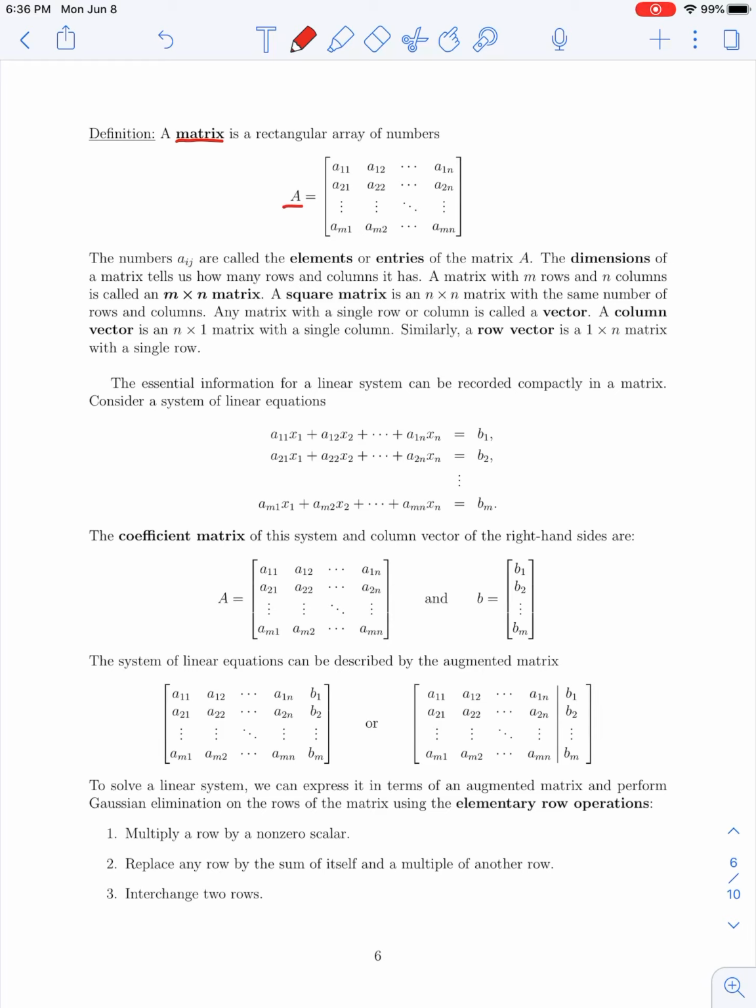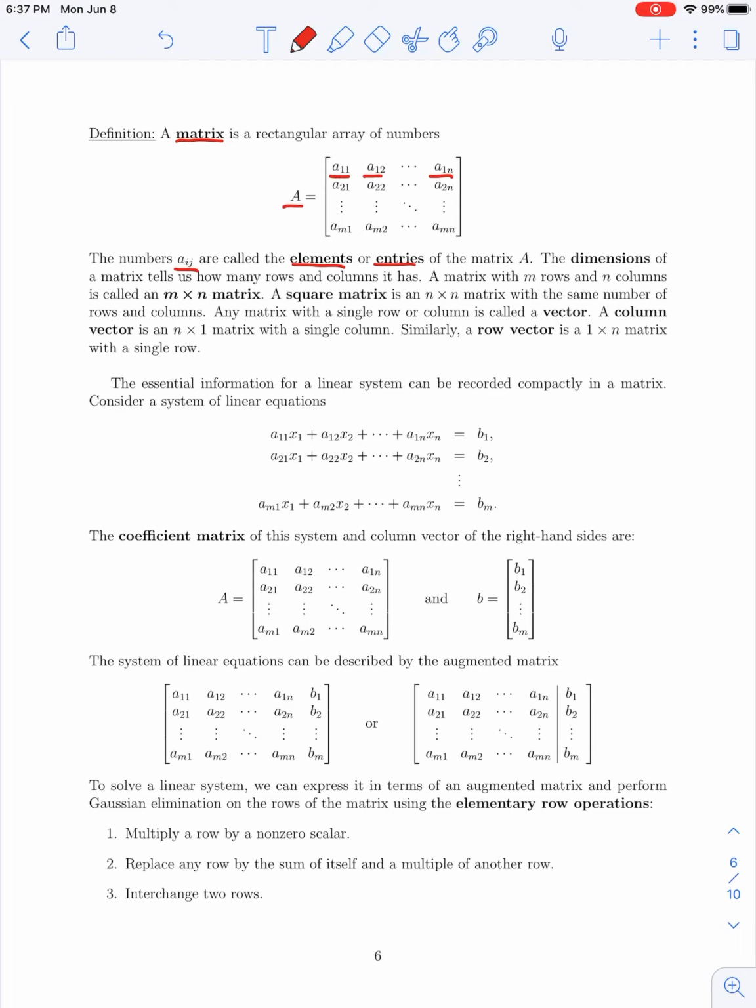So here we have a matrix where these numbers, denoted as a sub ij, are called the elements or entries of our matrix. We can see here the entries in our first row are denoted as a11, a12, up through a1n. So here we have a matrix with n columns.